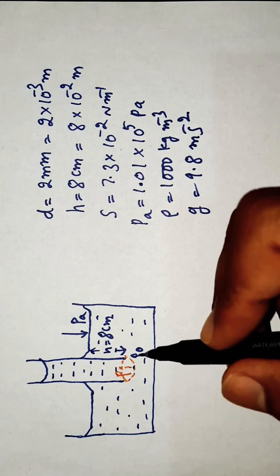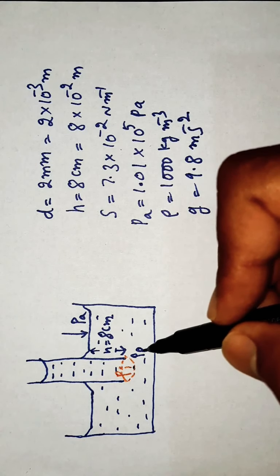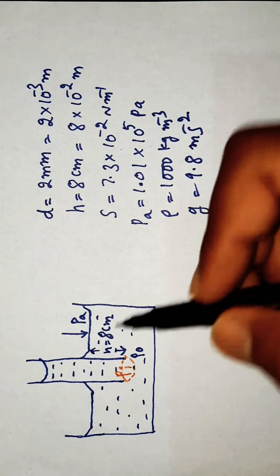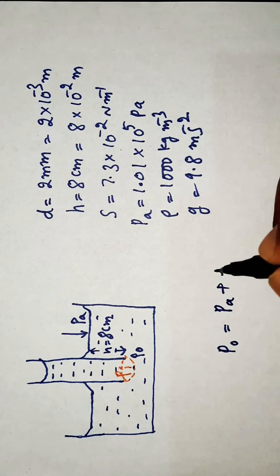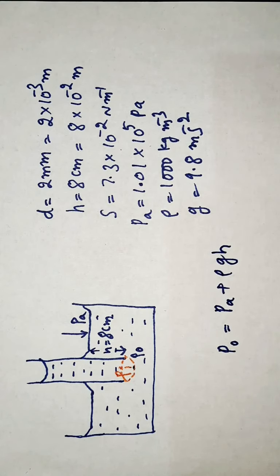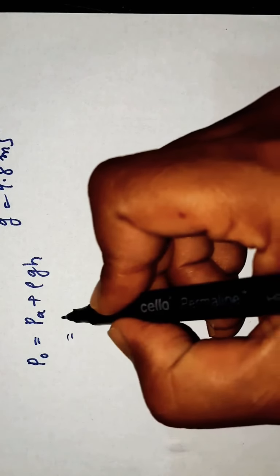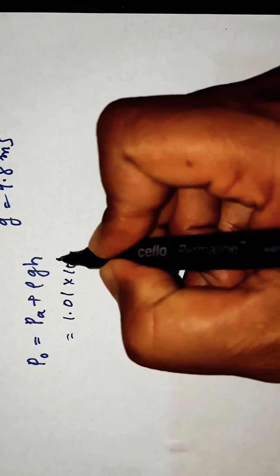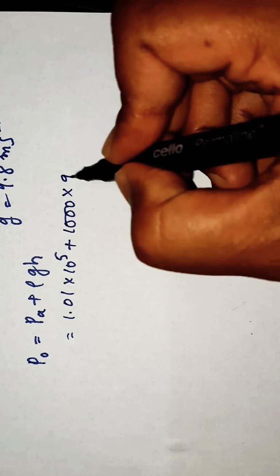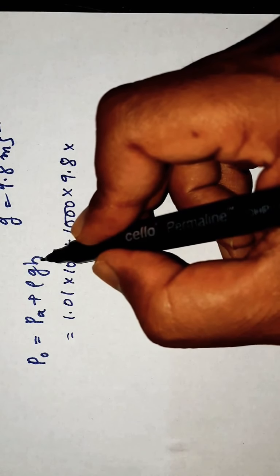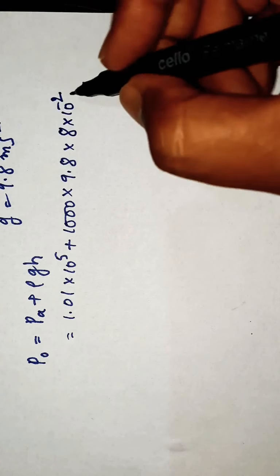We know at depth H, pressure P0 is equal to Pa plus rho g H. So here P0 is equal to Pa plus rho g H. That is equal to 1.01 into 10 to the power of 5 Pascal plus rho is 1000 and g is 9.8 into H is 8 into 10 to the power of minus 2 meter.